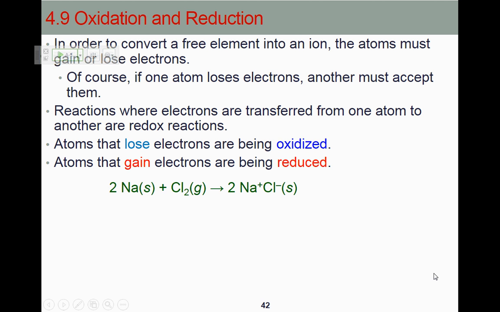For an example of taking sodium and reacting it with chlorine to form our normal sodium chloride, sodium is giving up an electron, so it's undergoing oxidation. Chlorine is accepting an electron, so it's undergoing reduction. We can say that chlorine is being reduced and sodium is being oxidized.